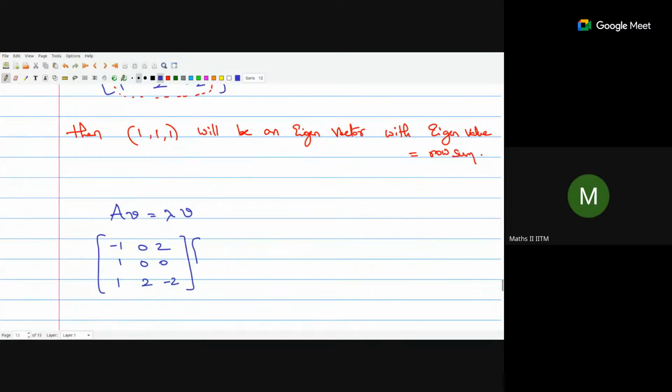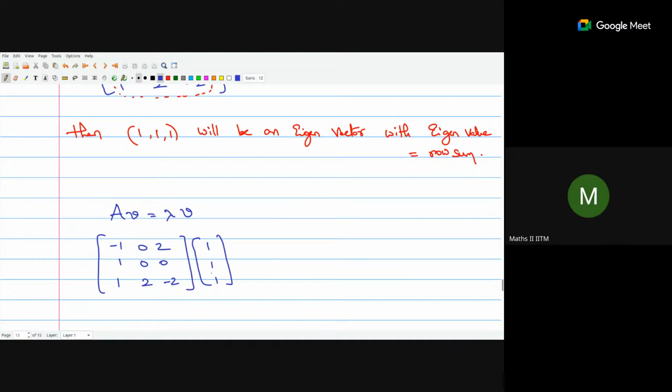And if I multiply by [1, 1, 1], what am I doing? This [1, 1, 1] multiplies with the first row, and the result will be just the row sum.